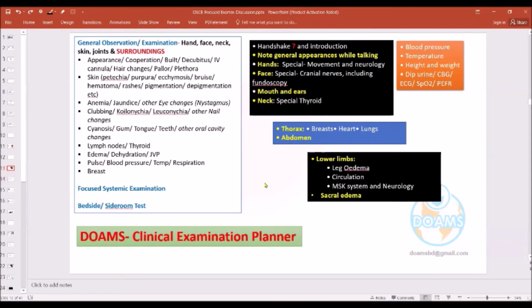But it means you are duplicating the same finding you already got in the pulse. You already got an irregular pulse, so you are getting the same message in the auscultation by irregular sound. So only for this, you will waste your time. But if you have enough time, it is nice to double check. Okay, any other thing?